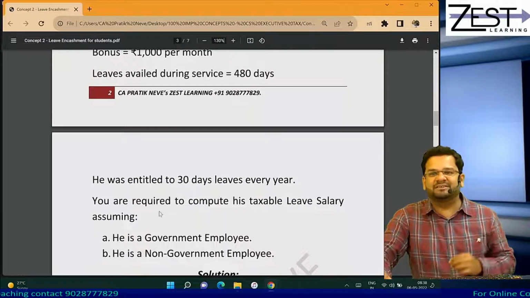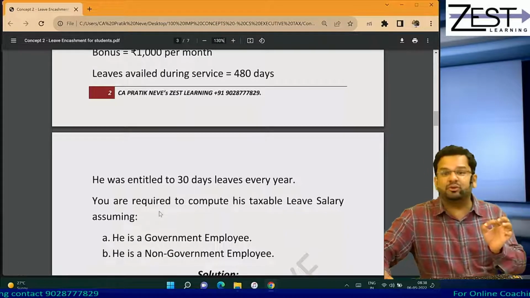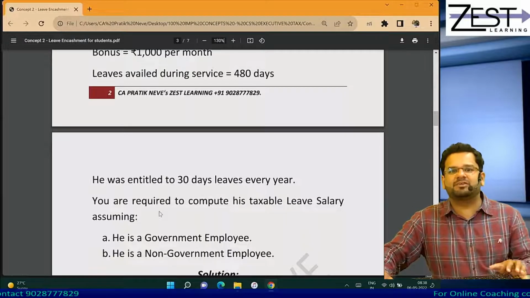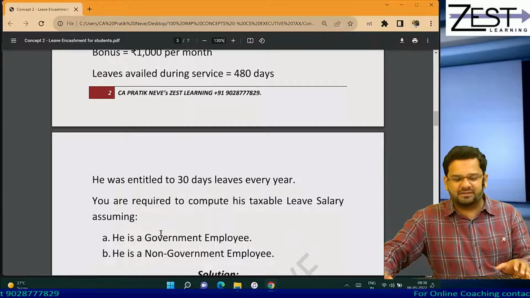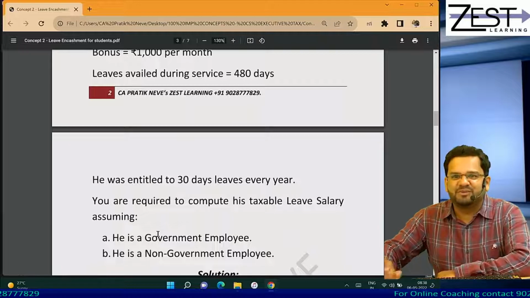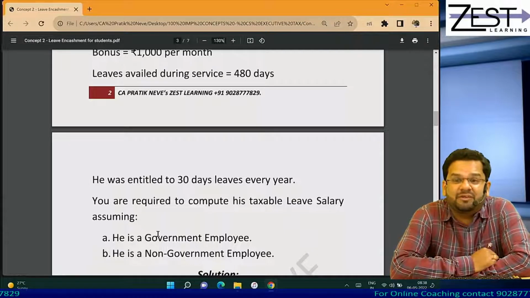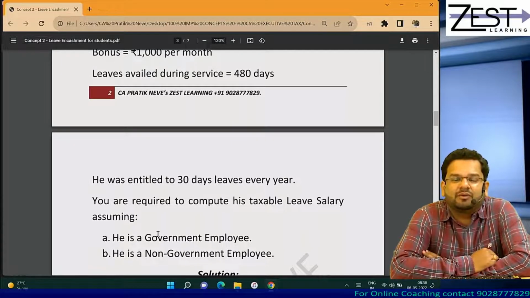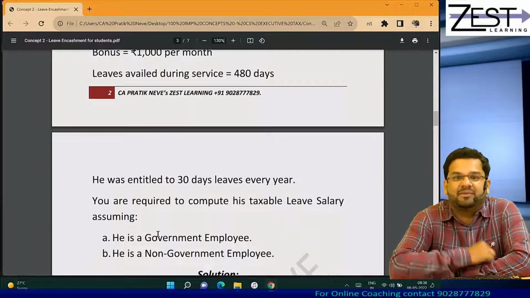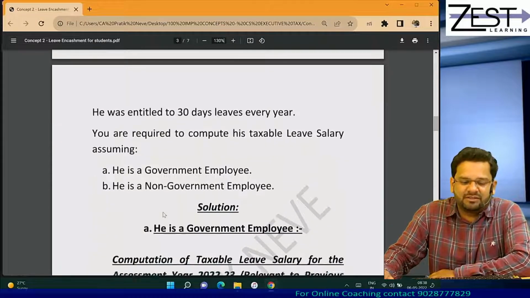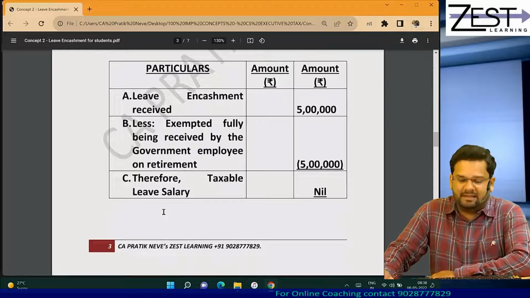Our requirement in the question is to compute taxable leave encashment, assuming first he is a government employee. Friends, it's very simple. If he is a government employee, then, as you all know, it is fully exempt. So taxable leave encashment in the first case will be nil.